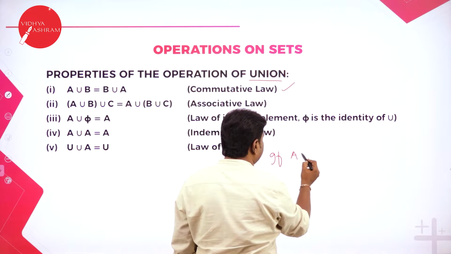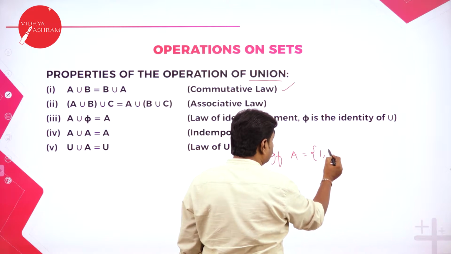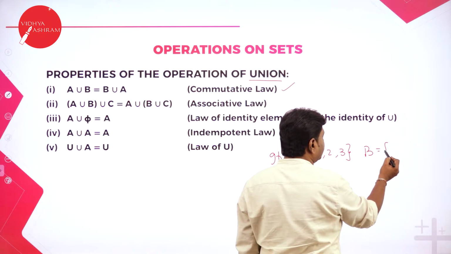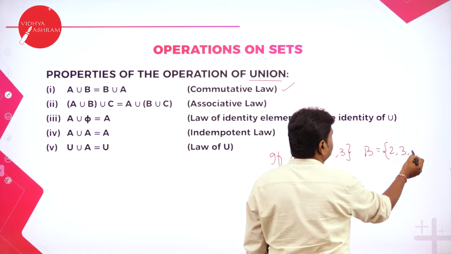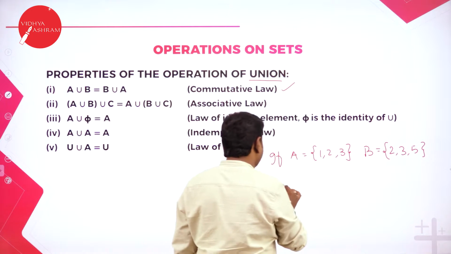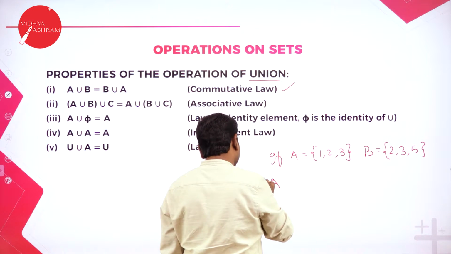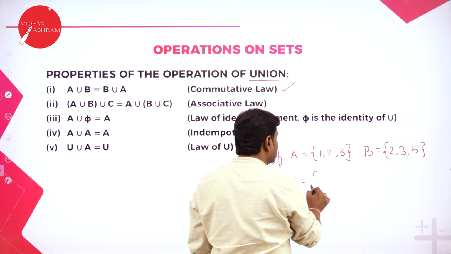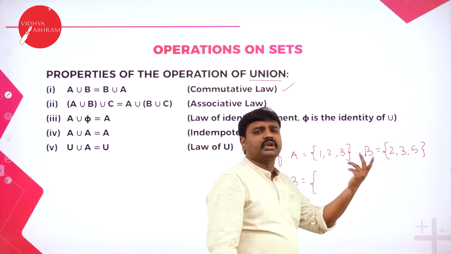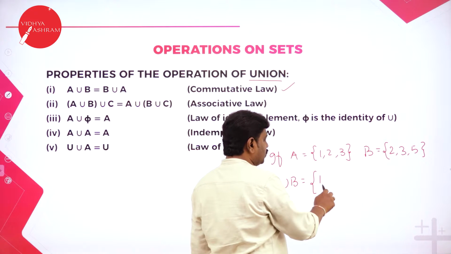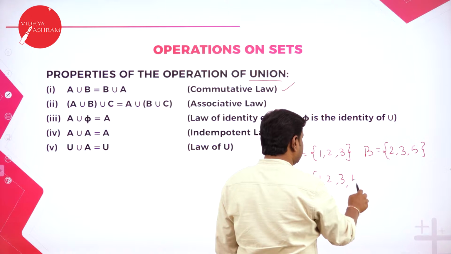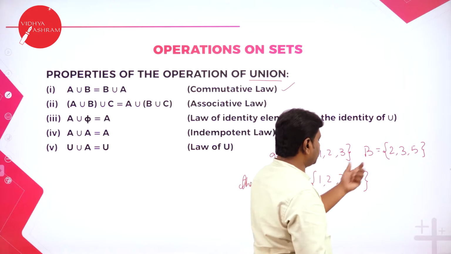Let A be the set 1, 2, 3, and B equal to 2, 3, 5. Now we find A union B. What is meant by A union B? Write the elements of A and B without repeating. 1, 2, 3 and 2, 3, 5 are present. So just write 5, because 2, 3 are already there.